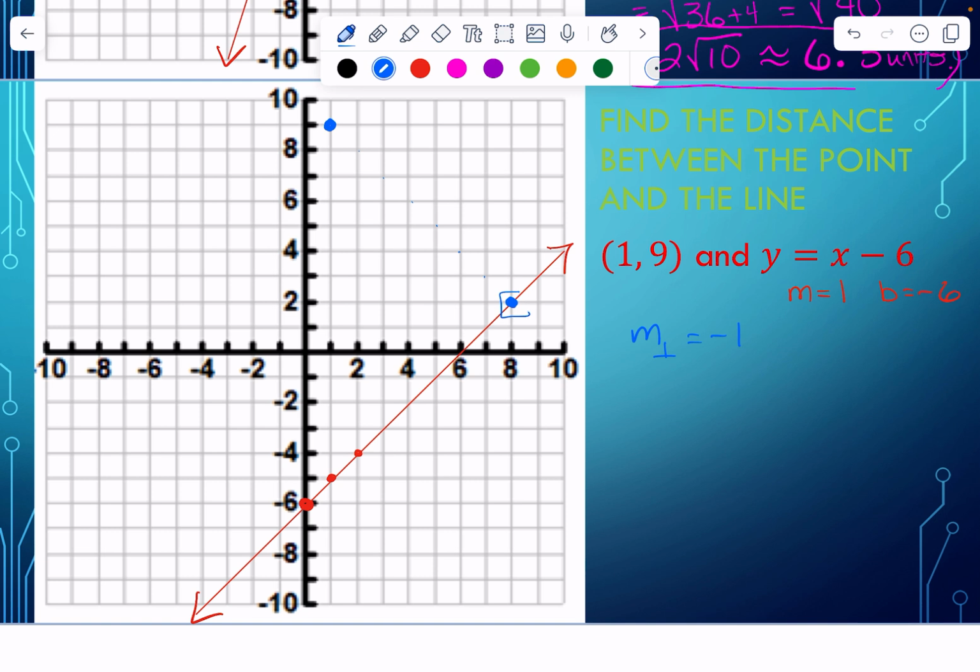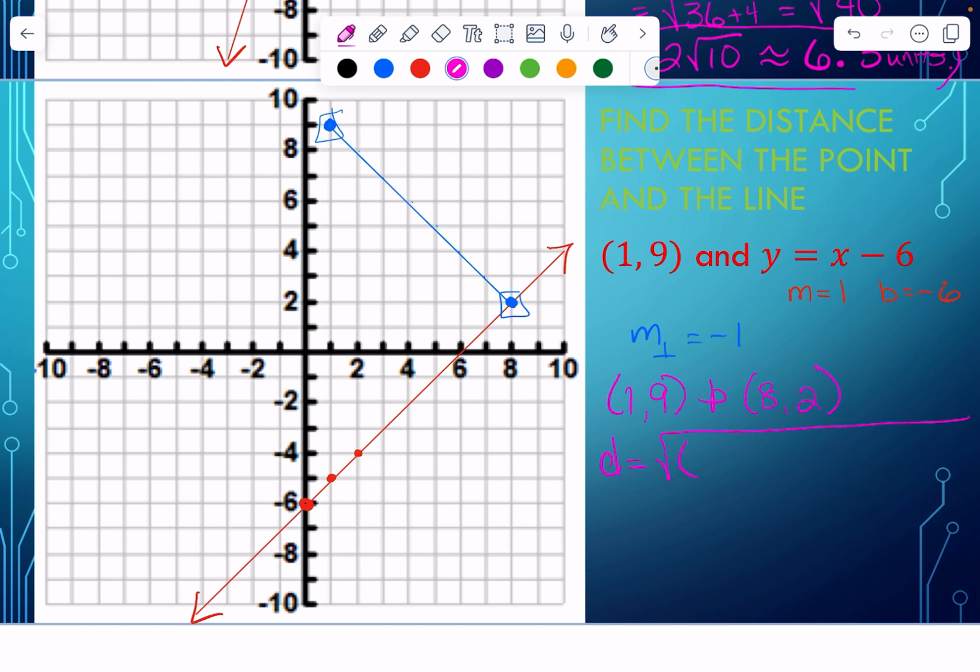So now I'm going to use this point and this point to find the distance between those two. So I have 1, 9 and 8, 2. I'm going to plug them into our distance formula.